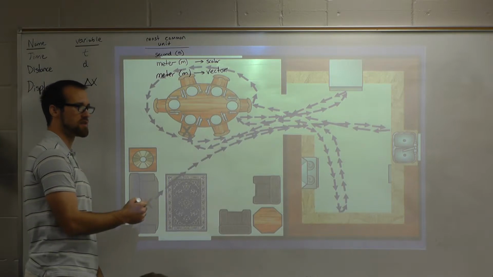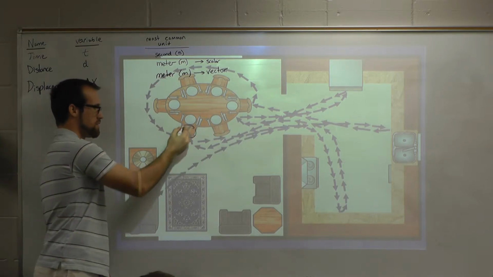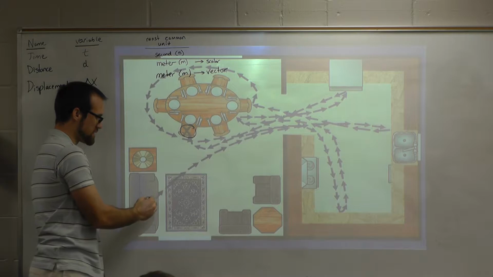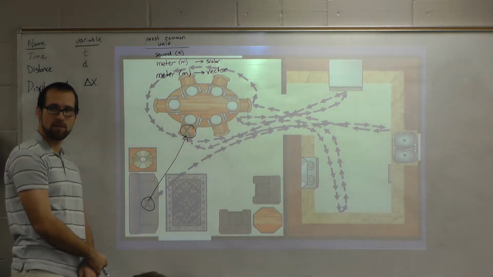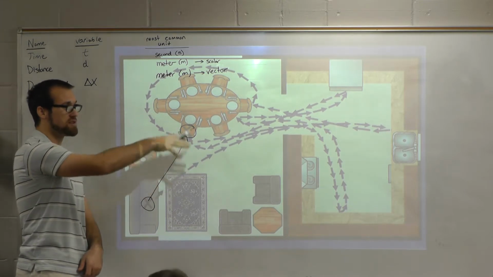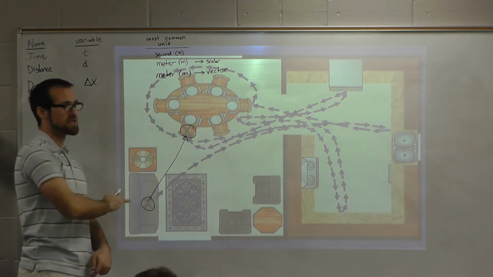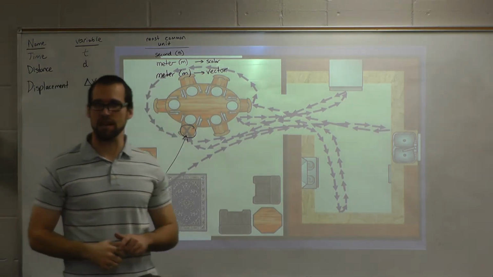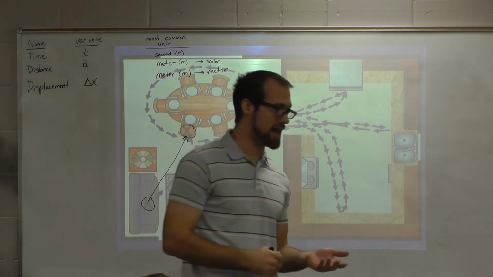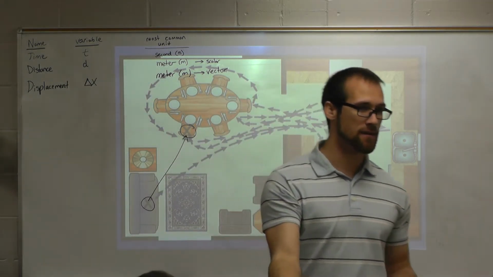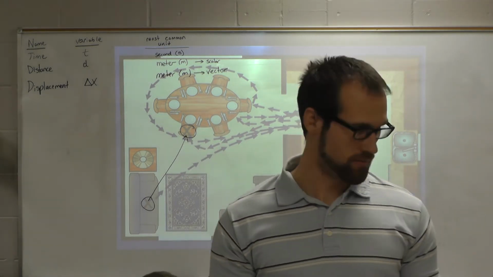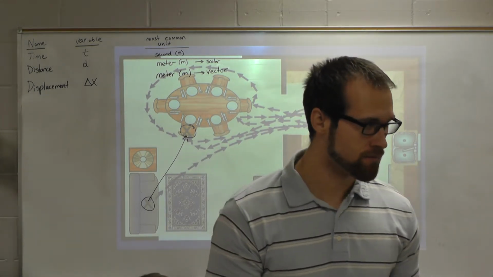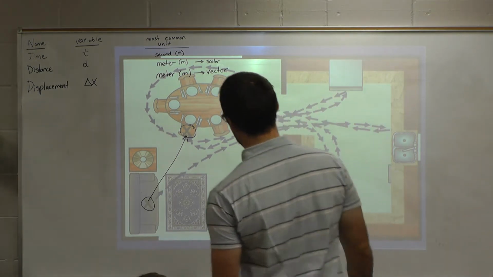Where's my final location? Chair. Minus couch. So my displacement is that. My distance is my total distance traveled. My displacement is the difference between where I began and where I ended. Isn't the outcome the same? It is. Okay, this is important.